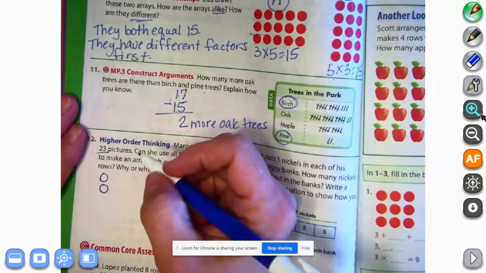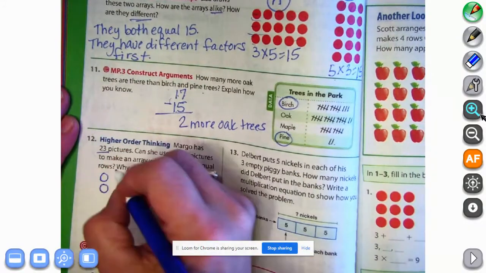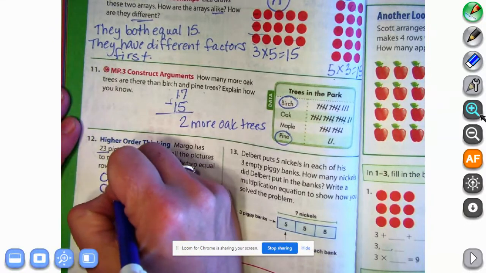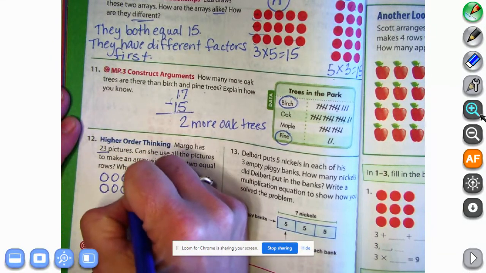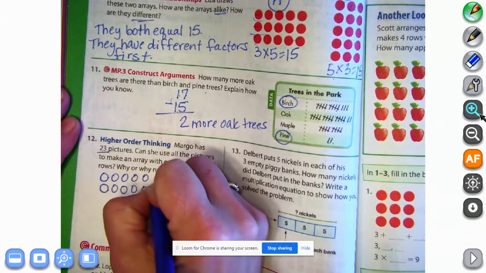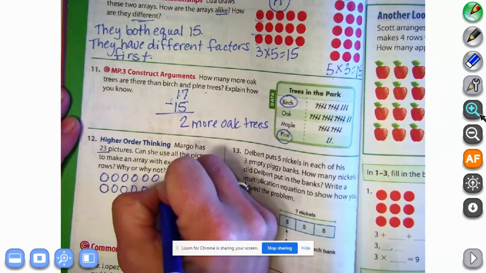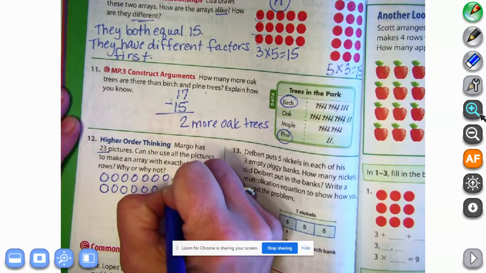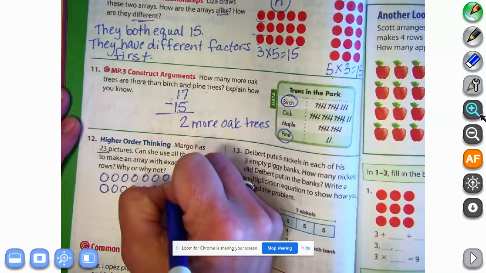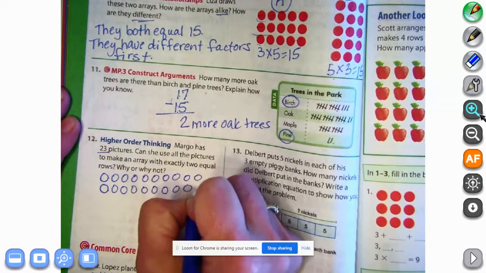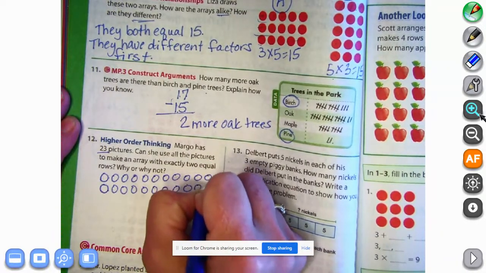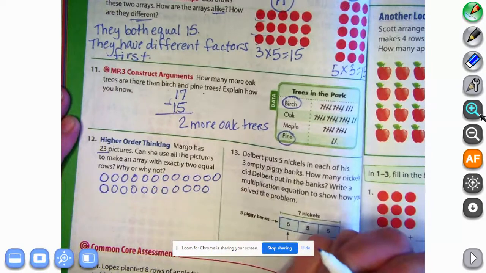So we have to be even, so we have to give 1 to the top row and the bottom row. 1, 2, 3, 4, 5, 6, 7, 8, 9, 10, 11, 12, 13, 14, 15, 16, 17, 18, 19, 20, 21, 22, 23.